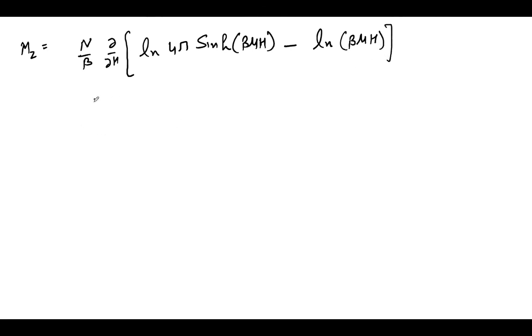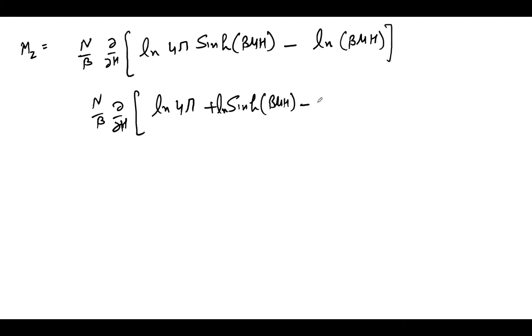So opening these logarithmic terms, we can write log of pi plus log of sine hyperbolic beta mu h minus log of beta mu h.